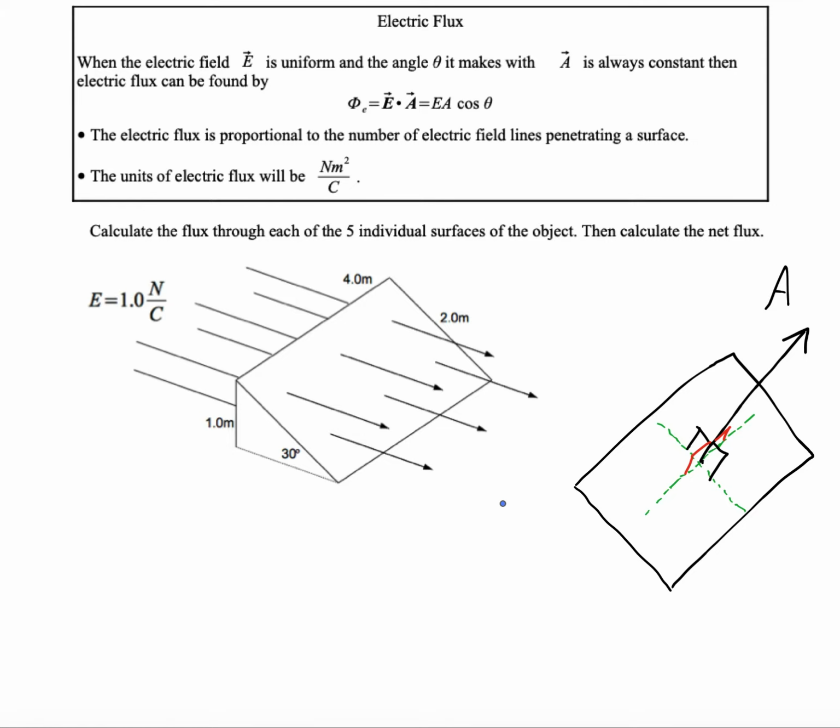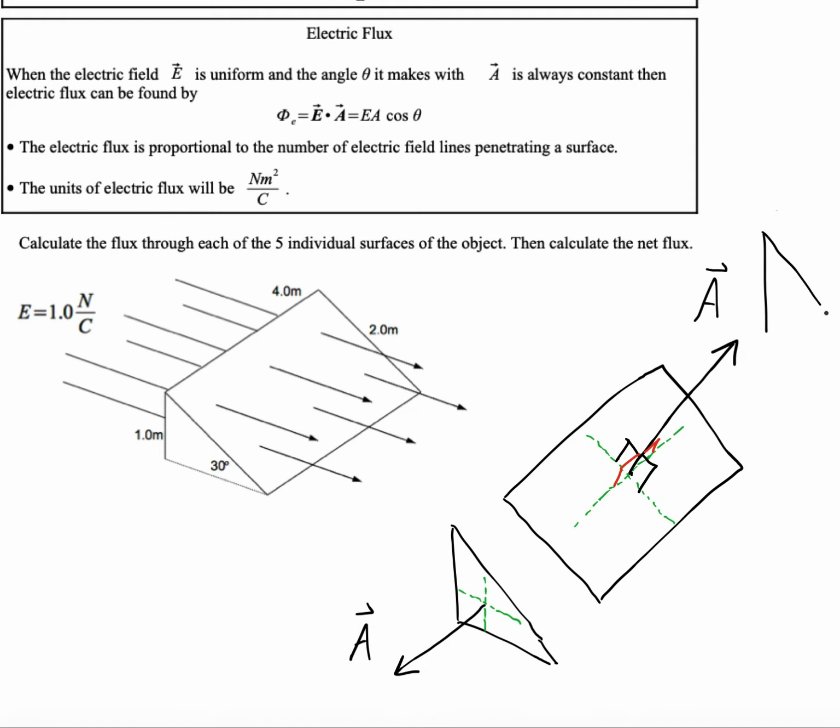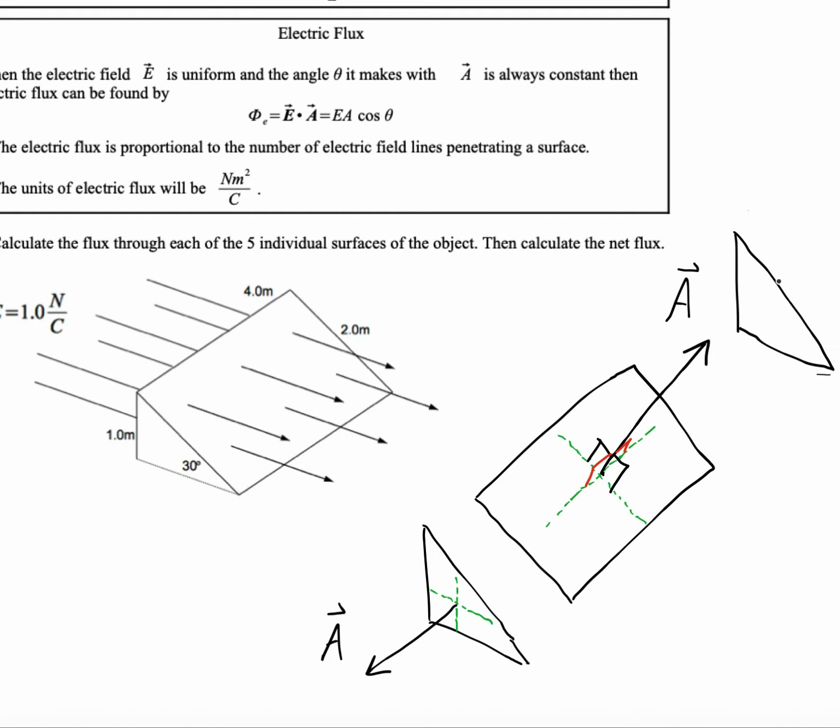We have another surface here. And if I draw lines on the surface itself, I need an area vector that is perpendicular to those lines. There will be another one of these on the opposite side. And the area vector for this one will point this way.